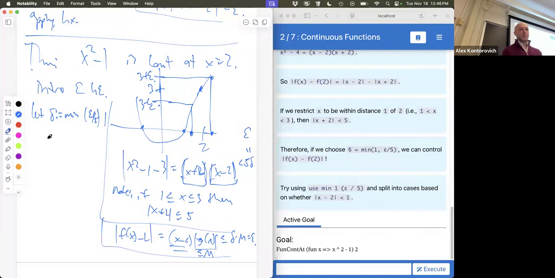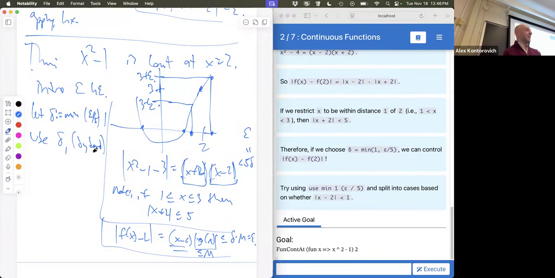We should, of course, use, so what should we do next? What's the goal at this point? Sorry, we haven't done the use delta yet. The goal is there exists a delta and delta is positive. So if we use delta, I don't know if bound will do it. We can try by bound. Maybe it will, maybe it won't.